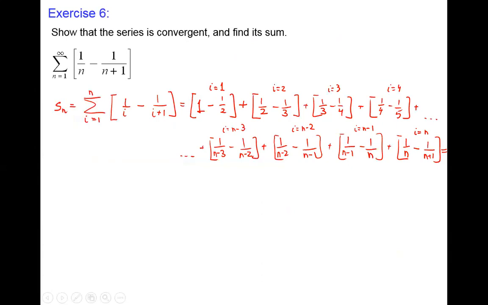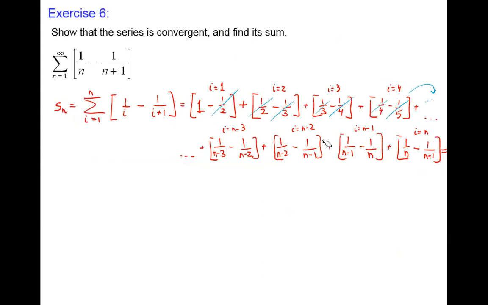You probably noticed that we have lots of terms that could be cancelled out. Always the second number in the first term is the same as the first number in the second term, just with opposite signs. Negative half, positive half. Negative 1/3, positive 1/3. Negative 1/4, positive 1/4. And this will definitely cancel out if I list more terms. As we can see, all of the terms will be gone, except the first one.